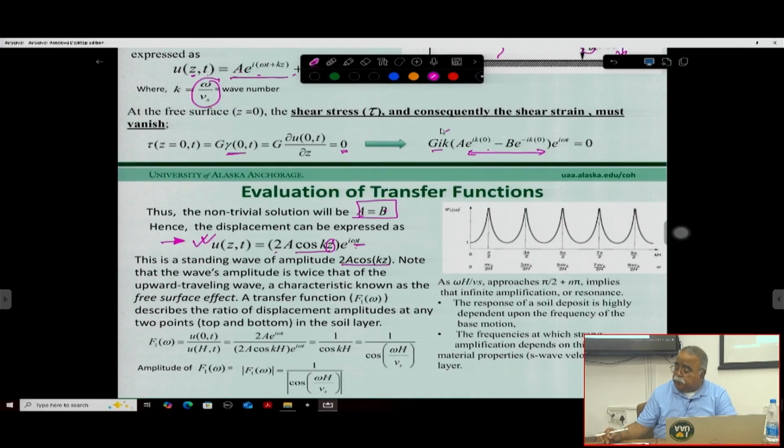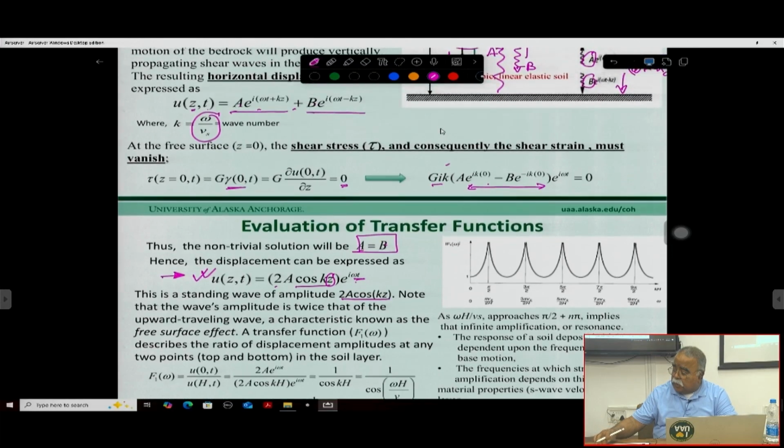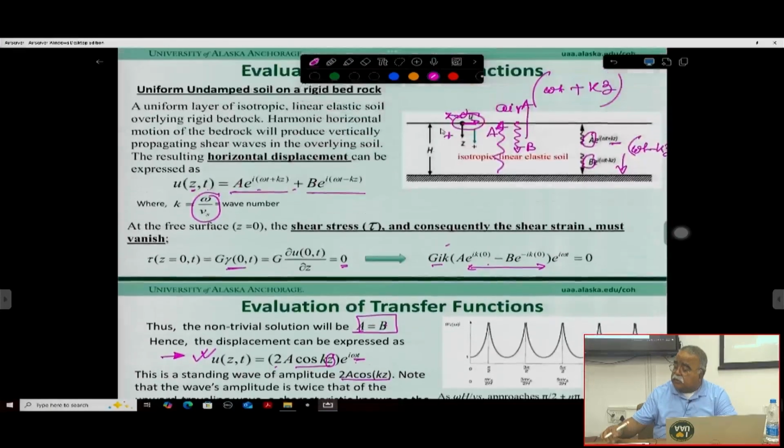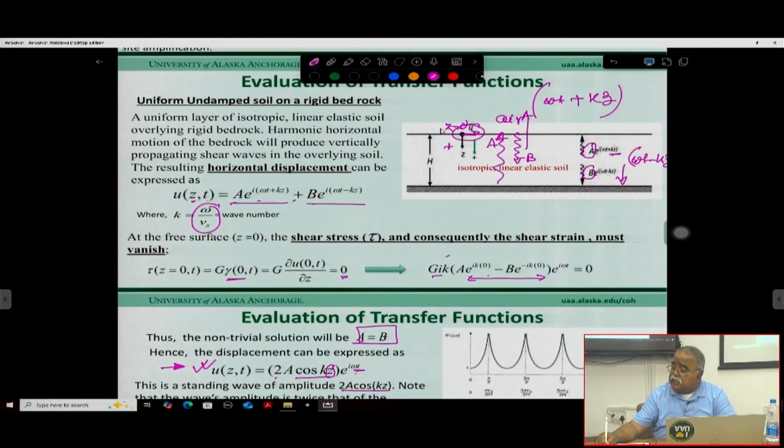Now the question is this: if I have the surface at g equals 0, and this is g equals h.